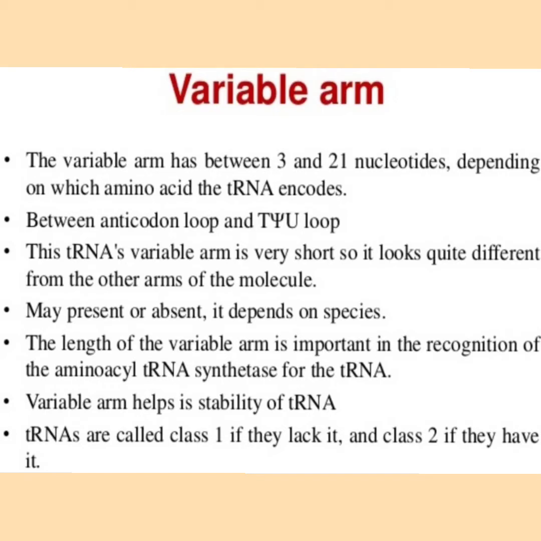It may be present or absent, depending upon the species. The length of the variable arm is important in the recognition of the transfer RNA by the amino acyl transfer RNA synthetase. The variable arm helps in the stability of the transfer RNA. Transfer RNAs are called class 1 if they lack it and class 2 if they have it.